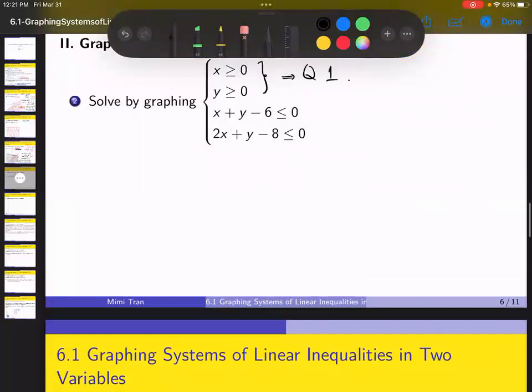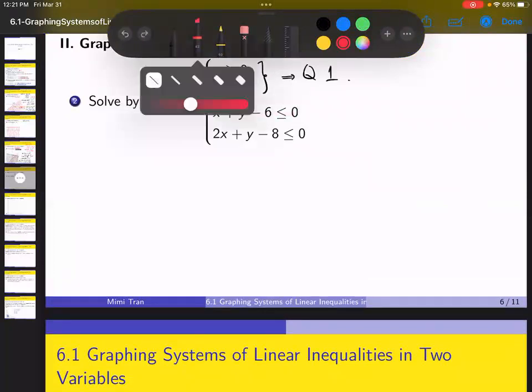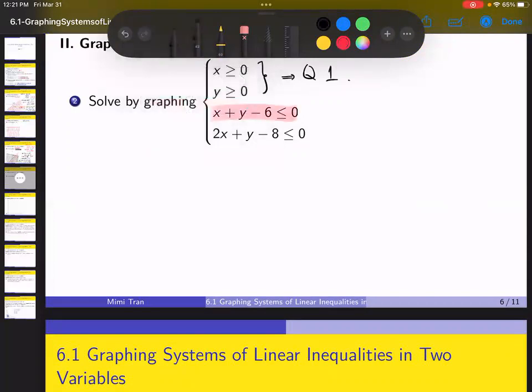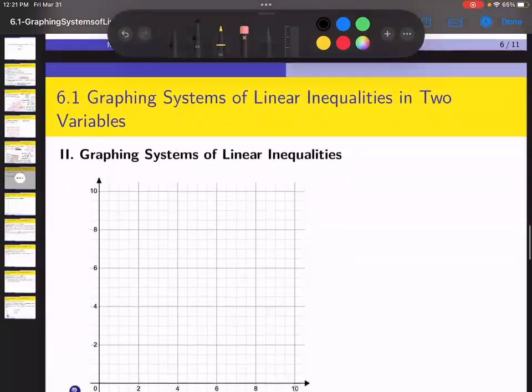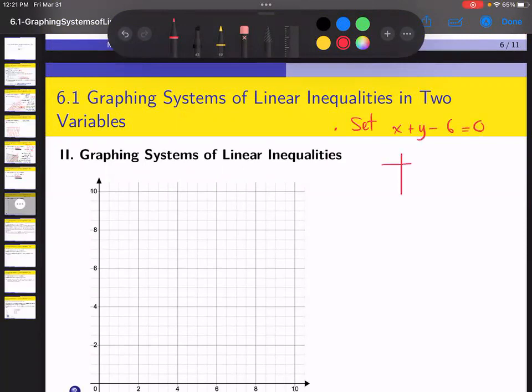All right, let's do this one. x plus y, let me say this is red again. Red, black. x plus y minus 6 set equal to 0. If I let x equal 0, y will be 6. You can do it in your head, not too bad.